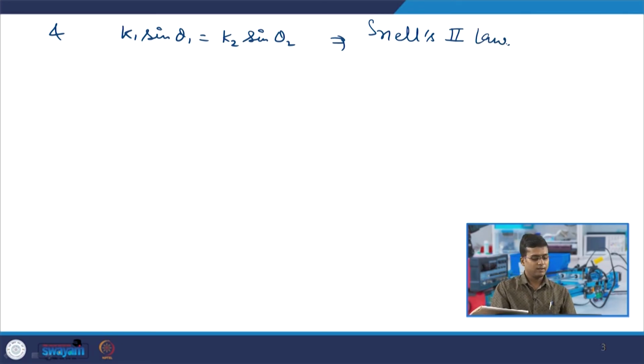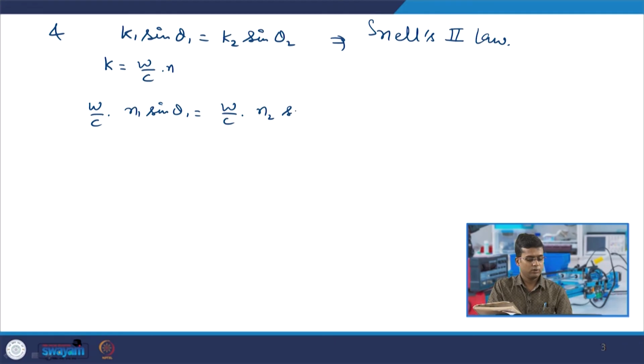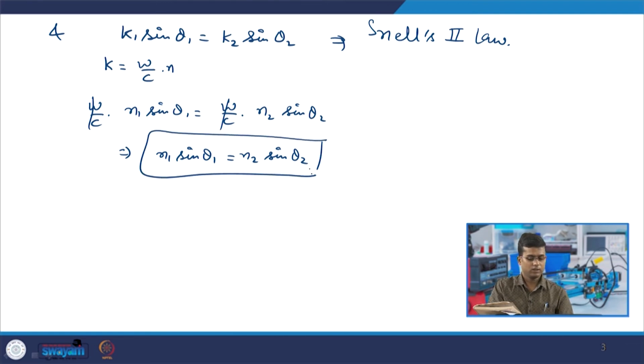You can simplify it a bit. Since k = (ω/c)n, you can write (ω/c) n1 sinθ1 = (ω/c) n2 sinθ2. This cancels out, you get n1 sinθ1 = n2 sinθ2. This is another form of Snell's law.